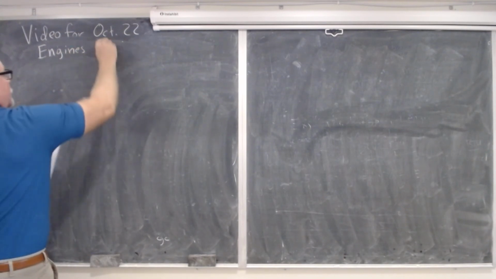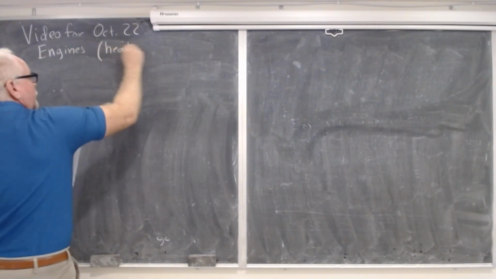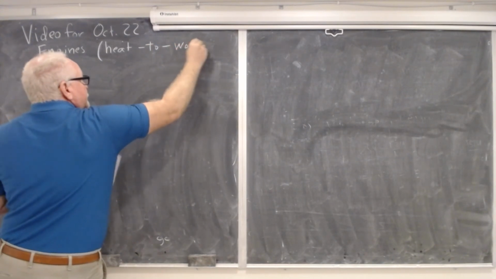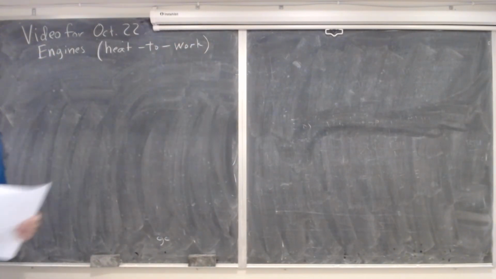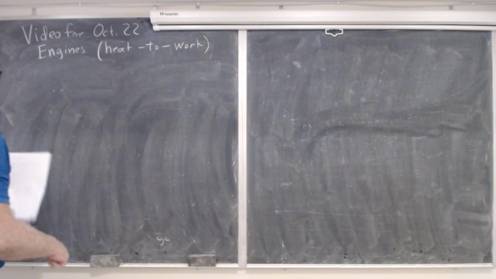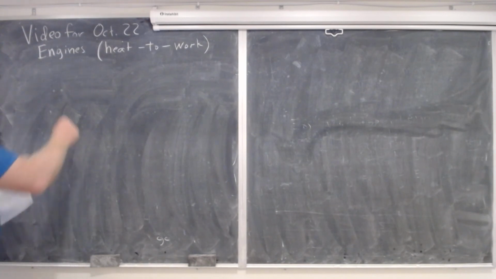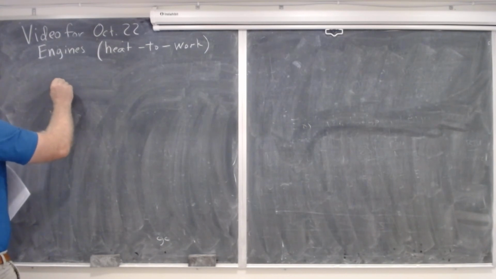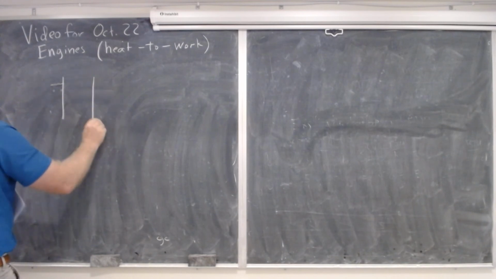Basically, heat to work. We've discussed all these energy sources, including ethanol, which basically are sources of heat because you can burn them. And so we want to know how we convert that. So you make an engine. The idea is that an engine consists of a cylinder and a piston.